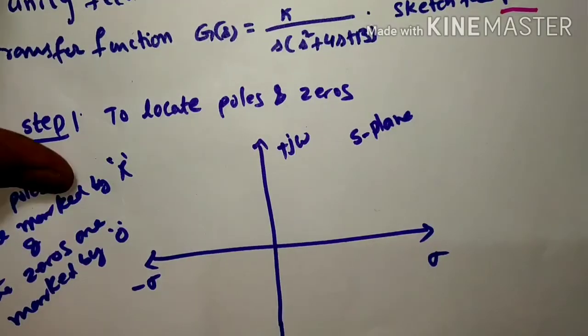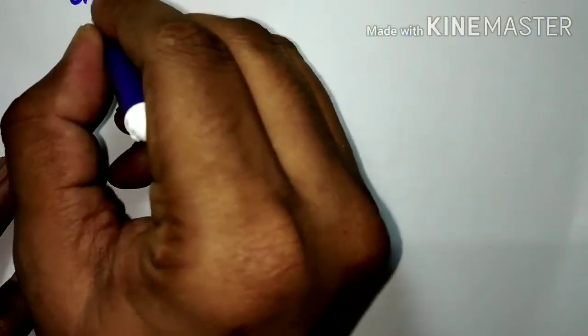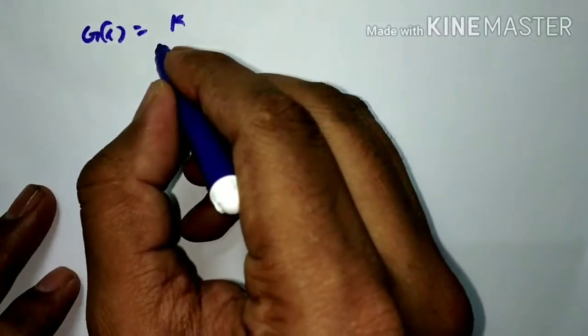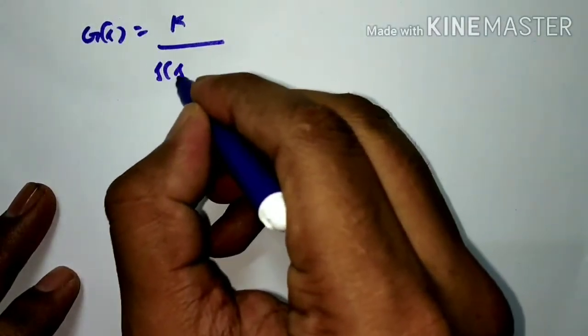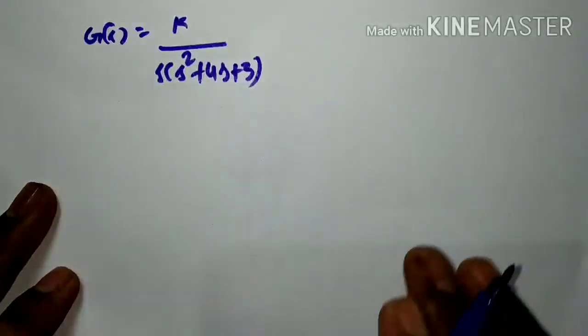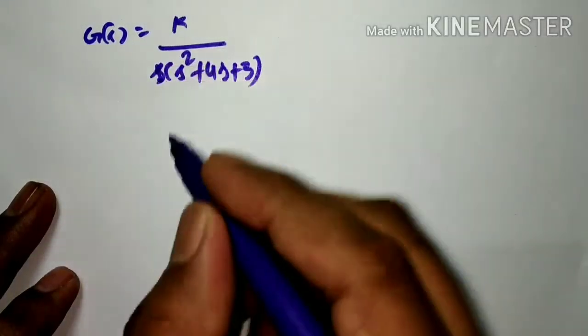So we have to find what those roots are. Your equation is G(s) = K / (s(s² + 4s + 13)). How to find the poles?